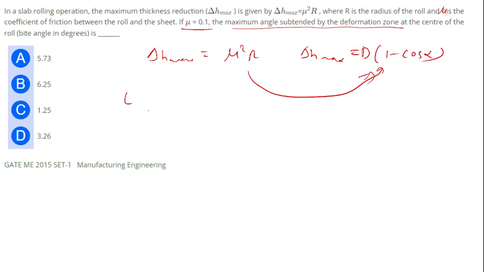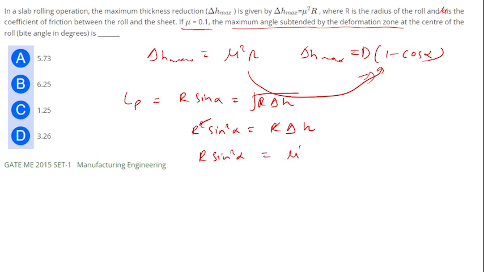You can also use one more formula, the projected length. Your LP is R sine alpha, which equals under root R delta H. So R square sine square alpha equals R delta H. R and R will be cancelled. From here you can find delta H, which is mu square r.